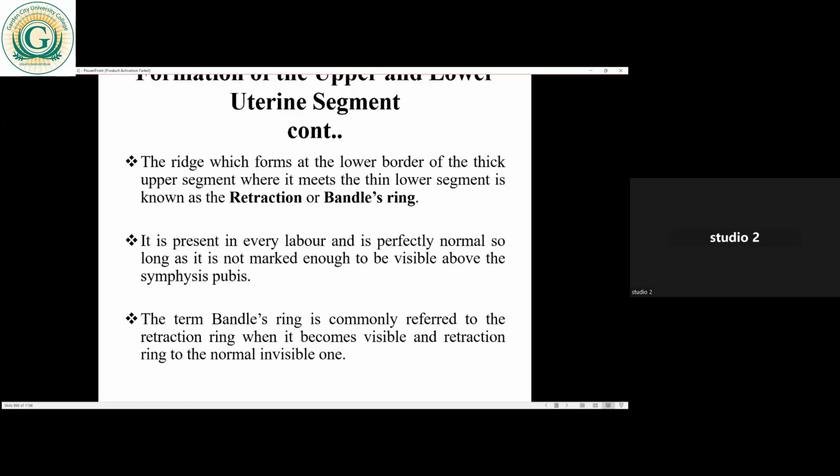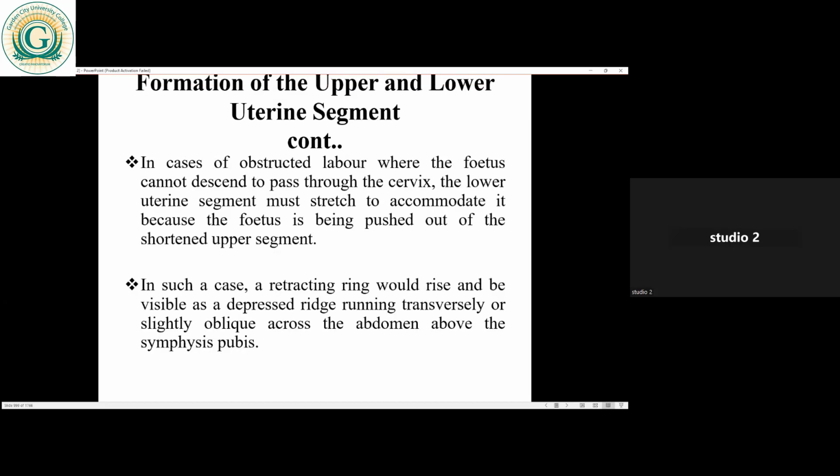You can't see it. But when you see it, we change the name from retraction ring to Bandl's ring. So the name Bandl's ring commonly refers to the same thing as the retraction ring, which was not visible and is now visible. So you have to take note of that. And when does it become visible?